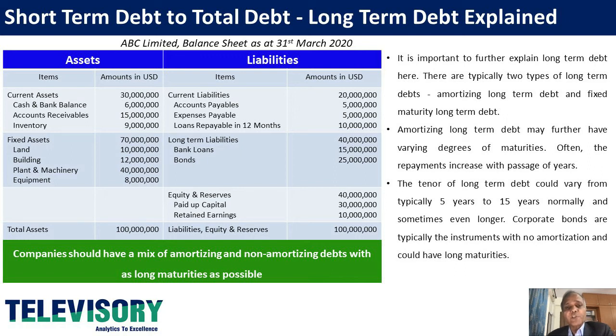There are two instruments in this balance sheet which are long-term: bank loan and bonds. Bank loans typically are amortizing every quarter or so, whereas bonds mature at the end of the maturity. Now bonds could be for 5 years and all the way up to 50 years and sometimes even longer.